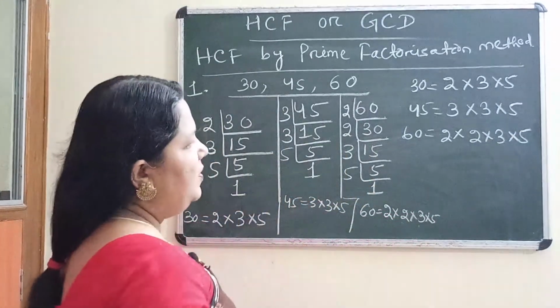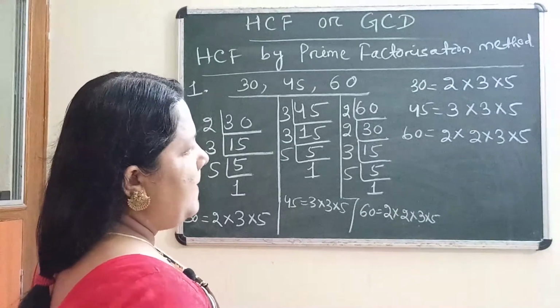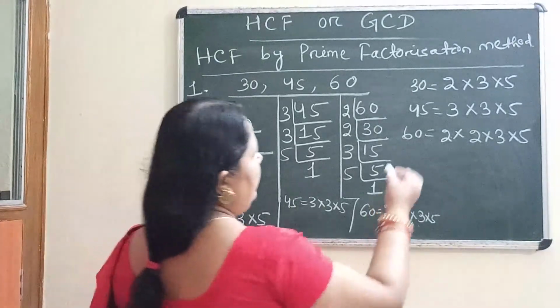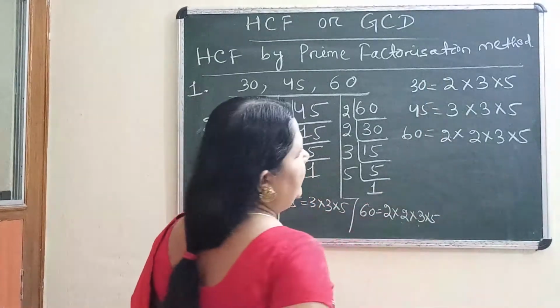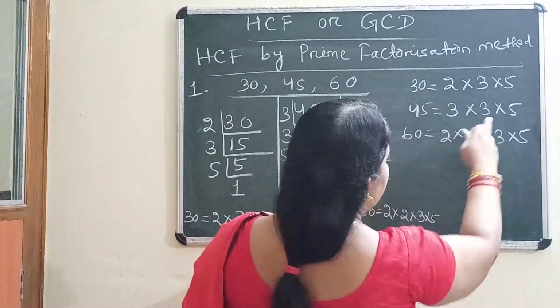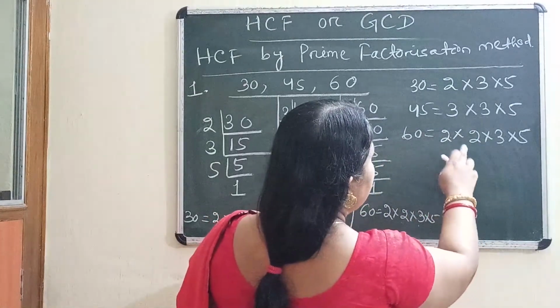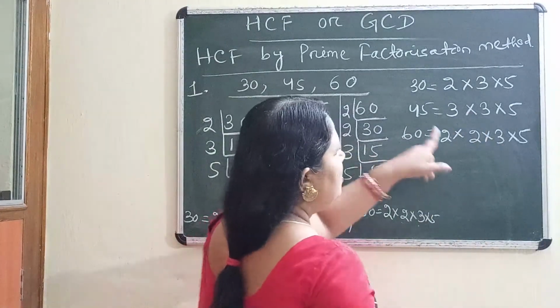So you can check now what commons you are finding in all the cases. 2 is here, but here 2 is not there. So 2 is not common.